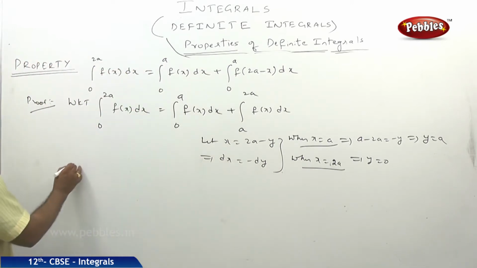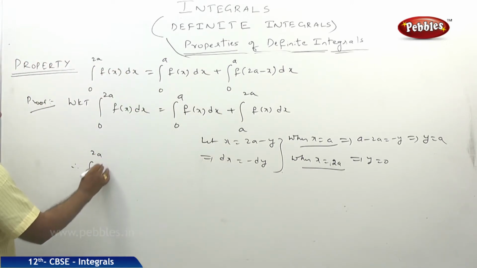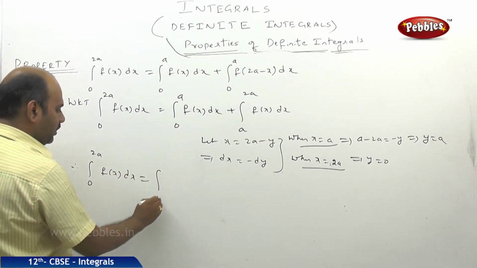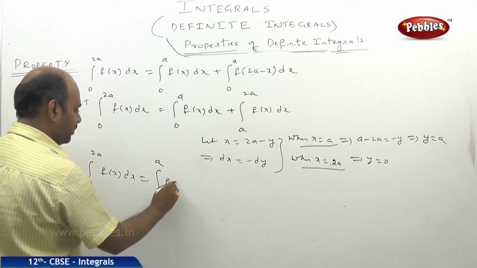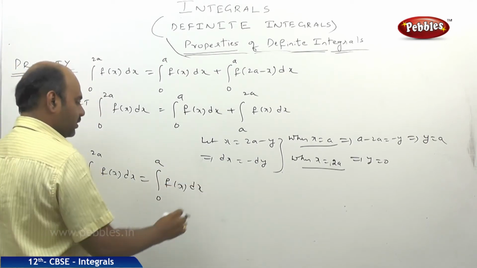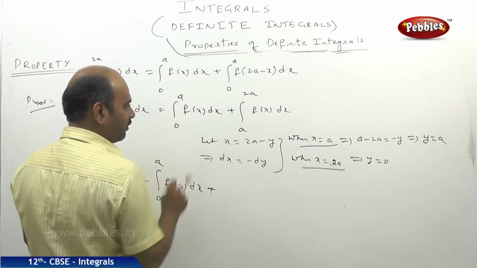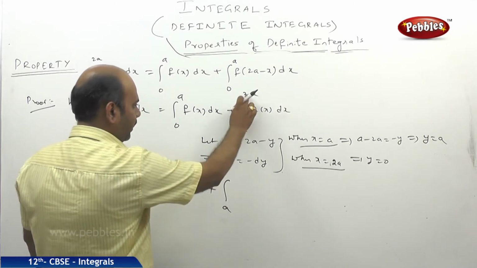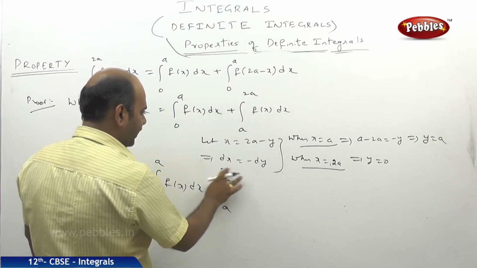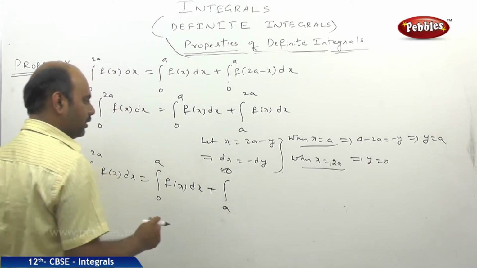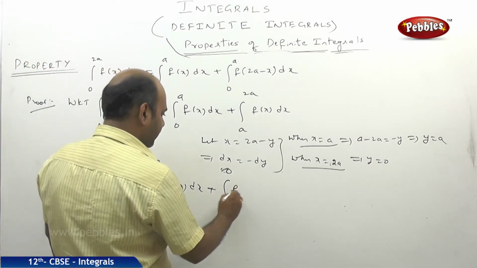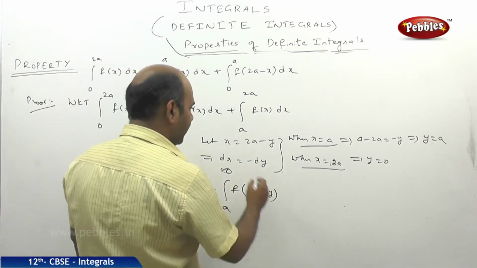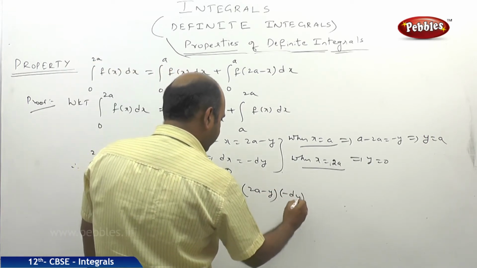Therefore finally, integral of 0 to 2a f of x dx is equal to integral of 0 to a f of x dx plus, in place of this particular a, I will be writing a only, but in place of 2a, I will be writing 0, because when x is equal to 2a, I got y value as 0, and in place of x, I will be writing 2a minus y, and in place of dx, I will be writing minus dy.